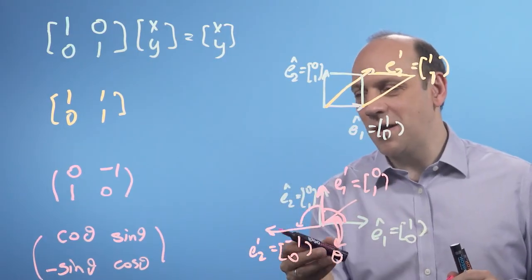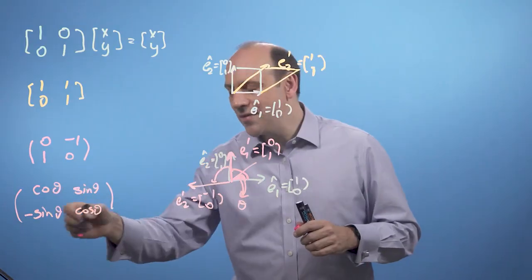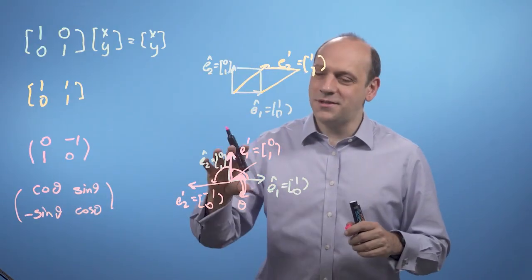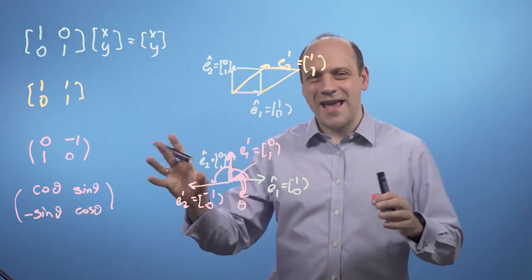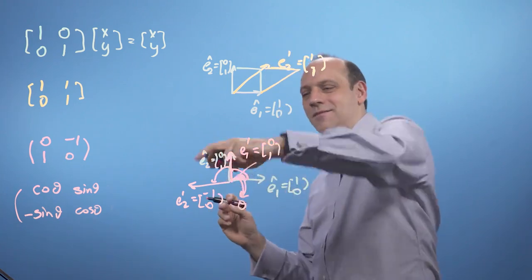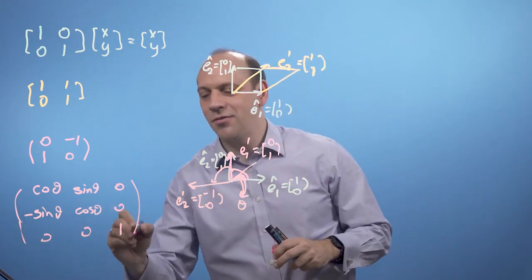So we did a rotation by minus 90, so sine of minus 90 is minus 1. And that's a general expression for a rotation in 2D. If I wanted to do it in 3D, I need to think about the axis I was doing it along or around. So if I was rotating about Z, I would preserve all of the Zs for a 3D rotation.